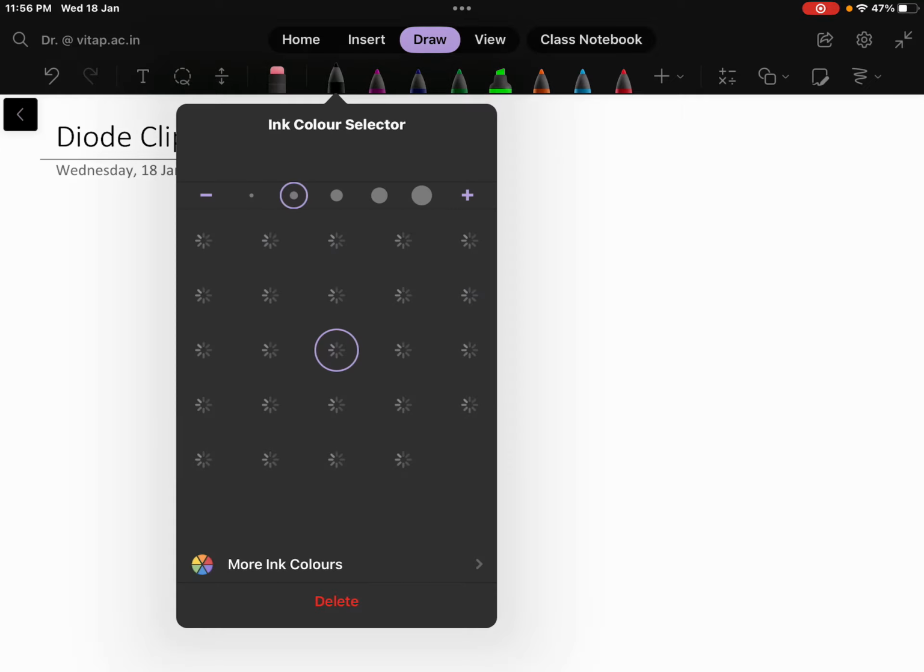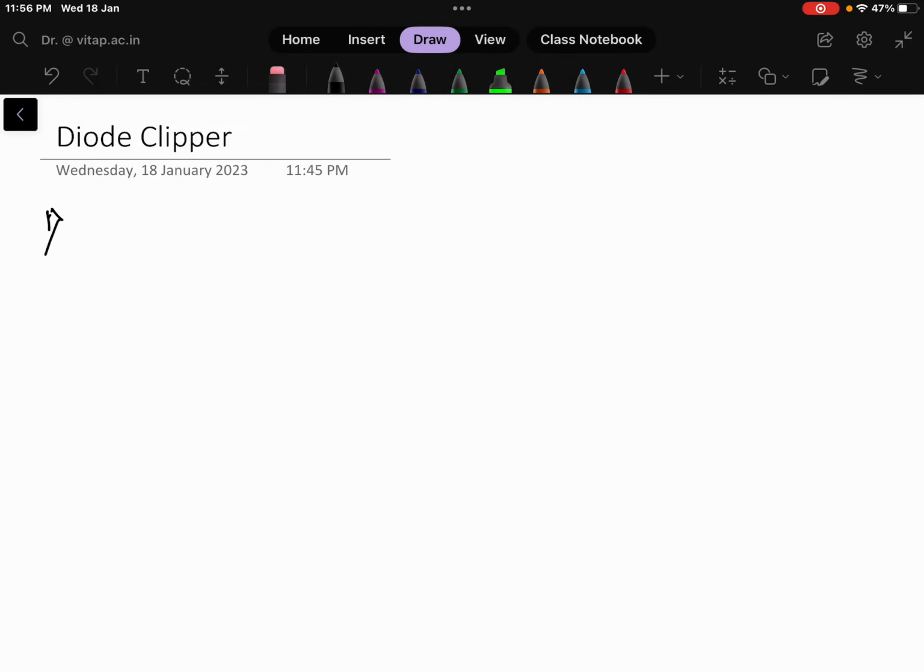A diode clipper is a diode circuit, that means a circuit that consists of the diode. What it does is that it clips, or cuts, a part of the input.